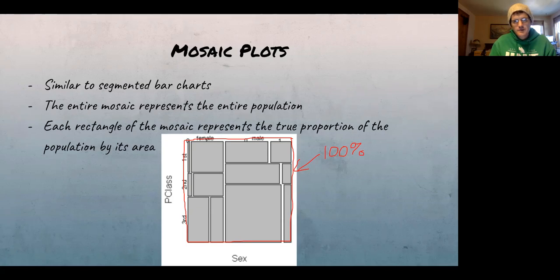Okay, so 100% of the people on the Titanic, we're going to break it down according to, first of all, and this is what we do, we start at the bottom and we work our way around clockwise. So I'm going to start with sex. So I've got female and male. I'm going to get rid of everything so we can read this. So females and males.